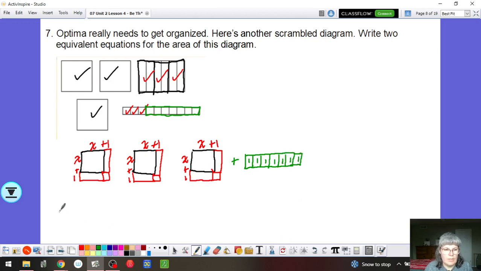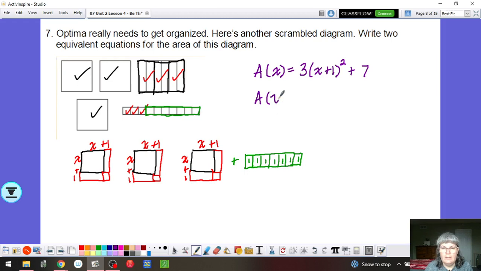So let's write our equations. By dimension, I have 3 perfect squares that are 3 times x plus 1 squared in area, but then I have the 7 extra ones, so that's a plus 7 on the end.